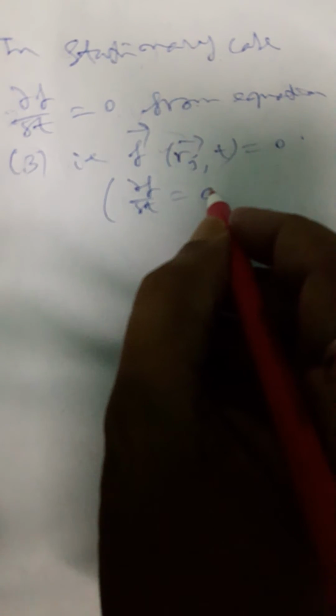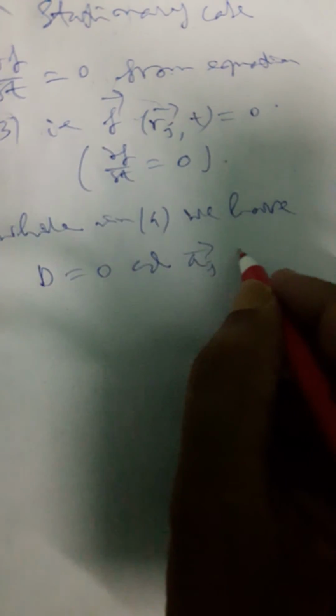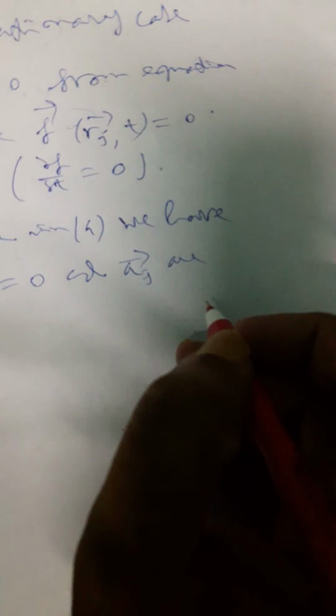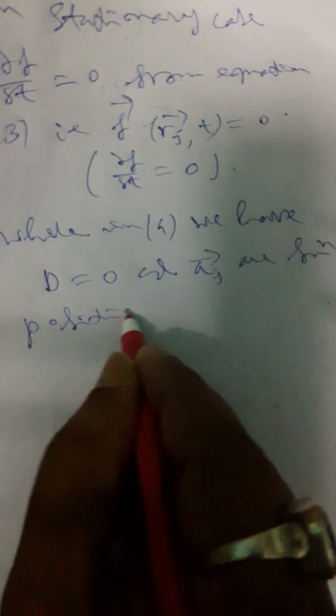That is the stationary case. And in equation 4, if del f del t is 0, we have d equals to 0, and aj are functions of position only.